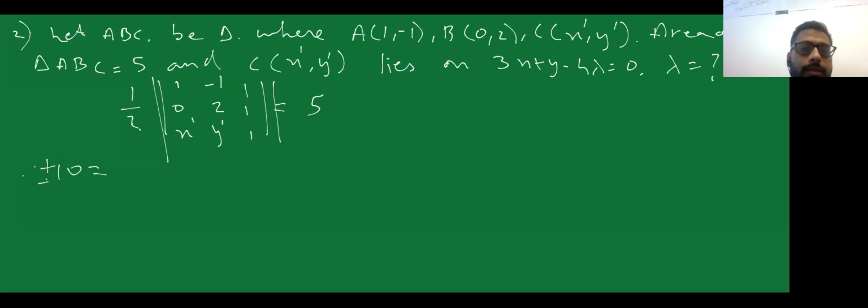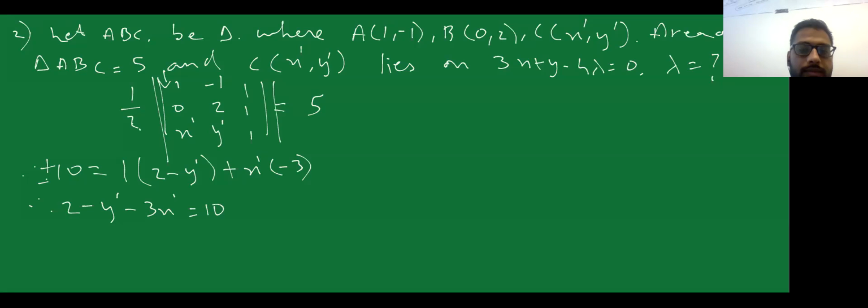And just open the determinant. I'll open by the first column because there is a 0 present, so simplification is easy. So that would be 1 times (2 minus y') plus x' times (minus 1 minus 2), that's minus 3. Therefore I can say 2 minus y' minus 3x' is equal to 10, or 2 minus y' minus 3x' is equal to minus 10.